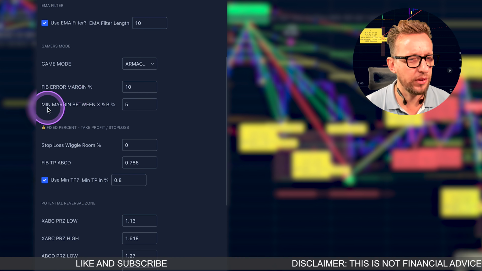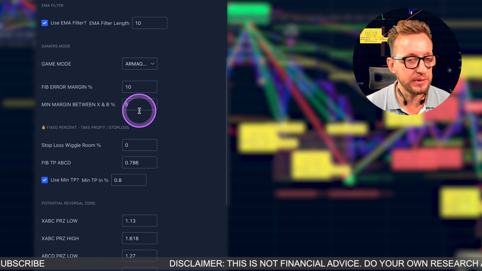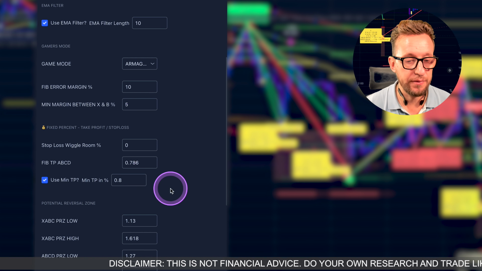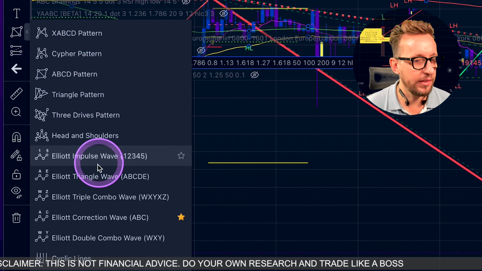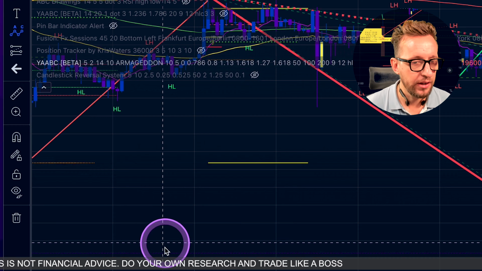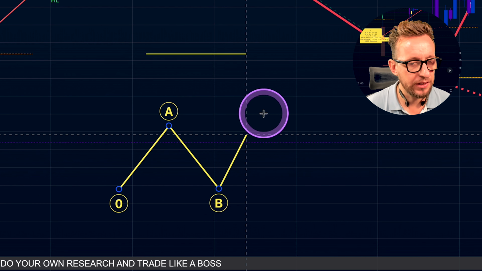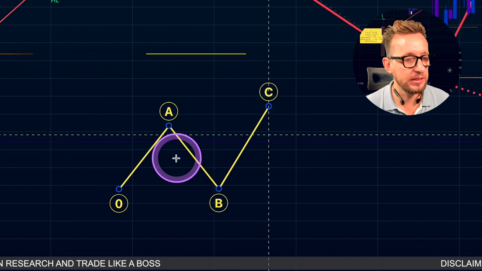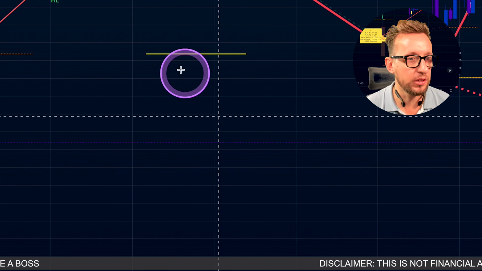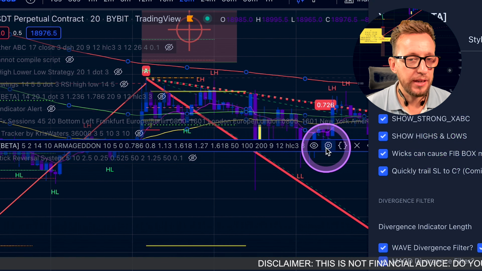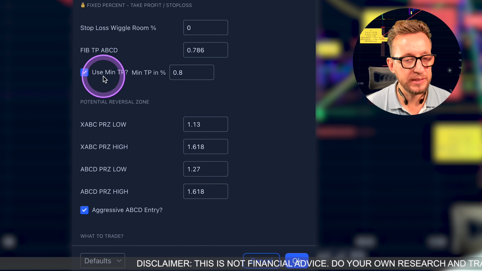We're also making sure that the B is below or above the X by a certain percentage, because sometimes we have what we call an ABC flat, which would look a bit like this here. If I go here, where we've got something like this, and A comes right down to the 0, that would invalidate the pattern and give us a very small risk to reward, which is something that we don't want to trade.